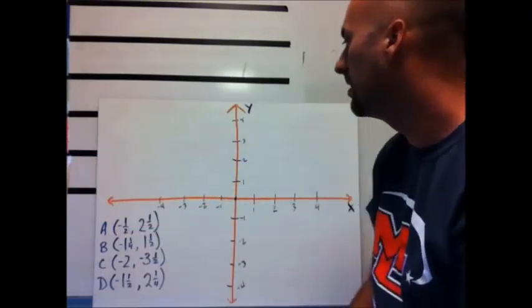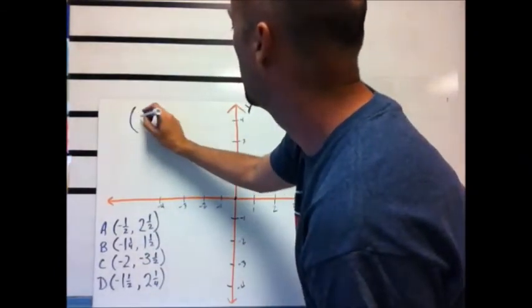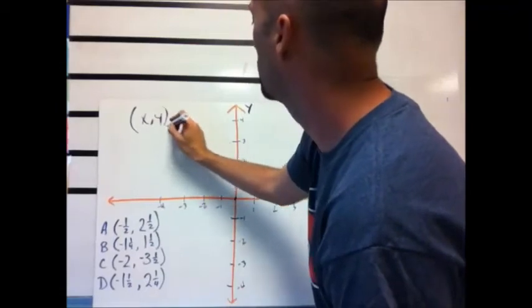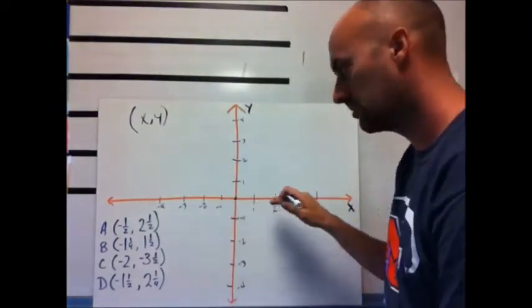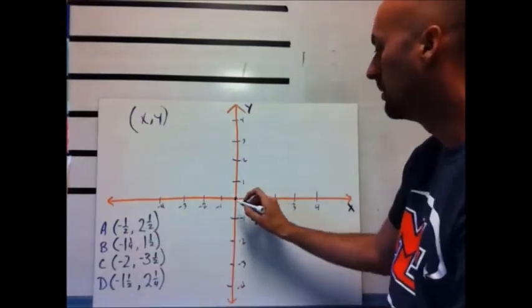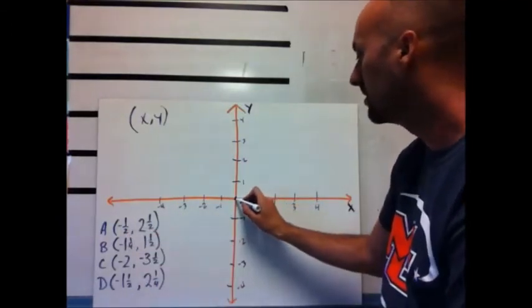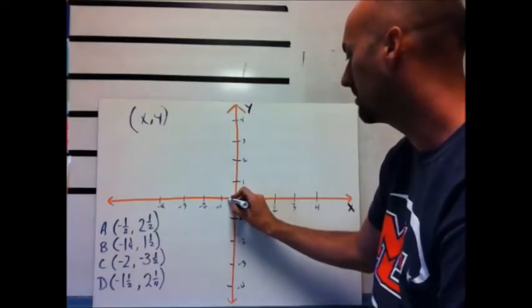So for point A, let's remember that the X is first, the Y is second. X is left, right. This is my X line. So I need to go find -1/2. Well, -1/2 is between 0 and -1, and it's right there.